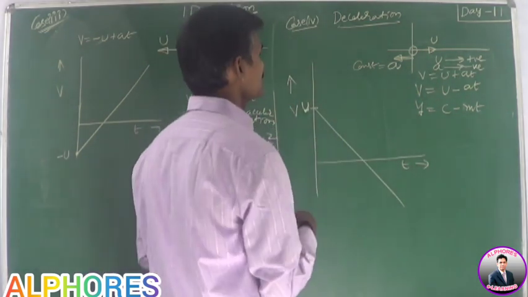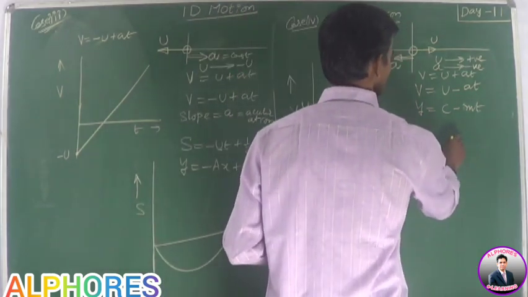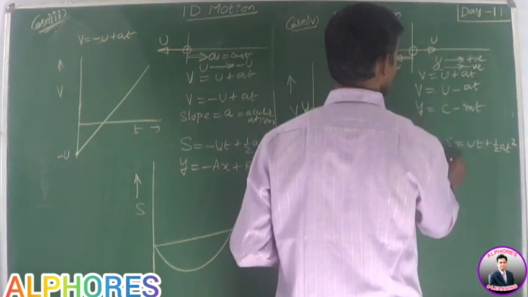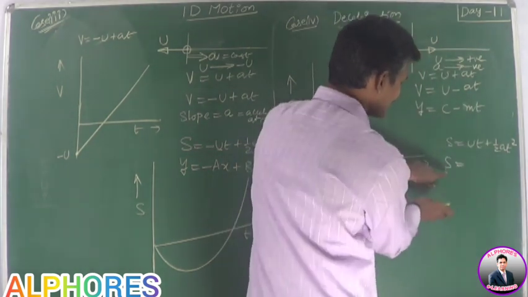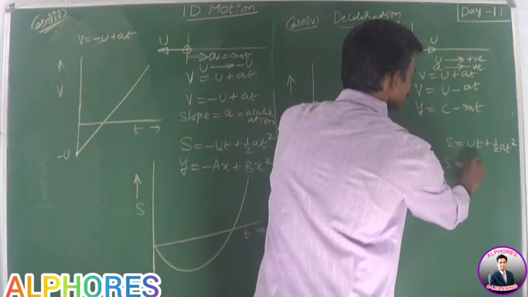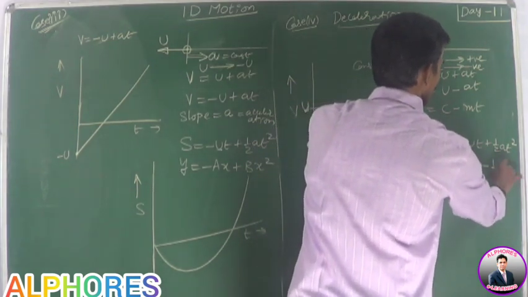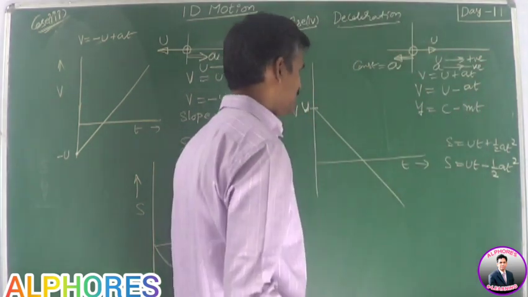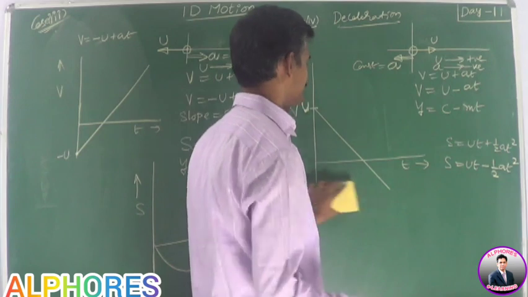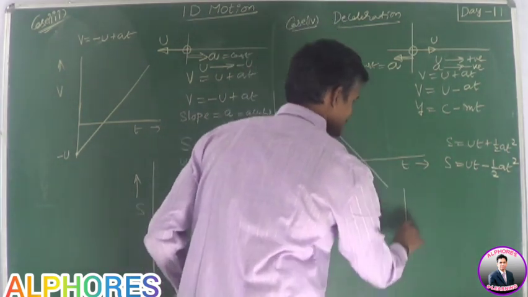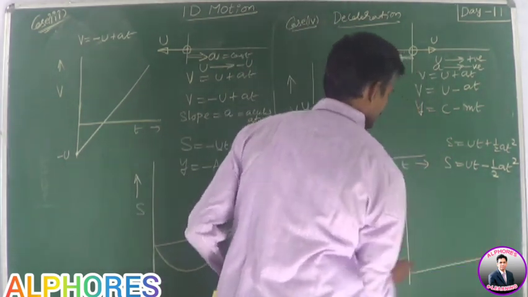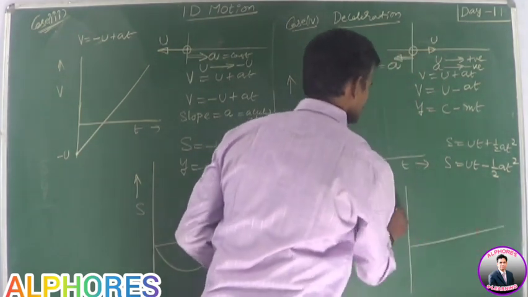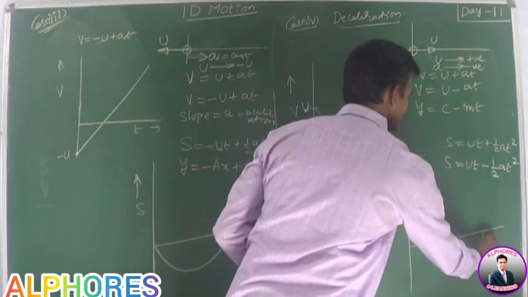And next, our function s is equal to ut plus half at square. This changes to s is equal to ut minus half at square, because a is negative. In such a case, how to draw the graph? Suppose this is s, the displacement, and this is time.